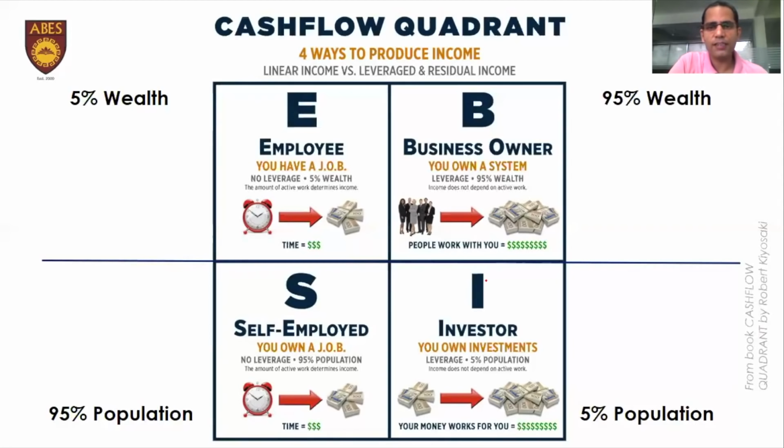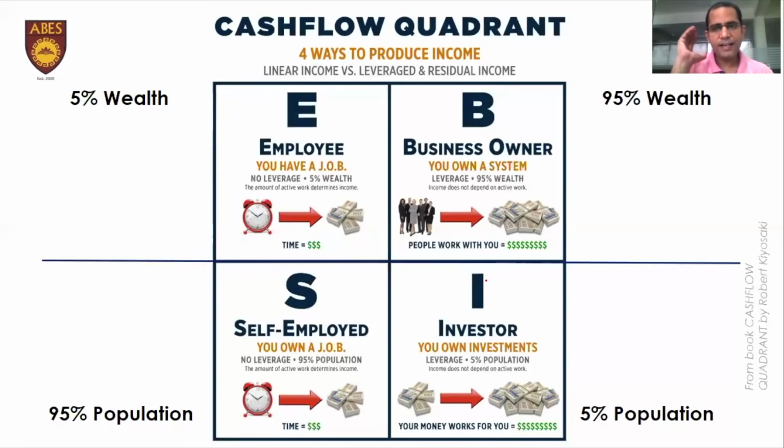Now, while you explain this model to your students, they will definitely be convinced and interested to be a business owner, and later on they want to become an investor.